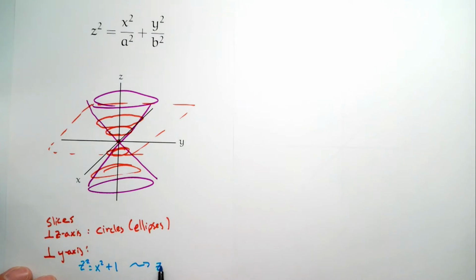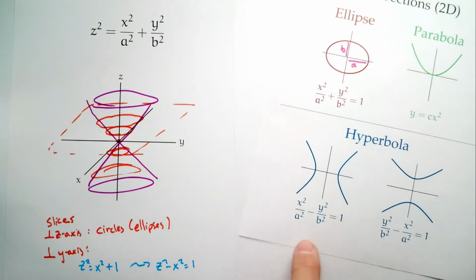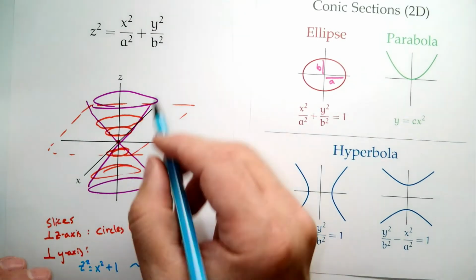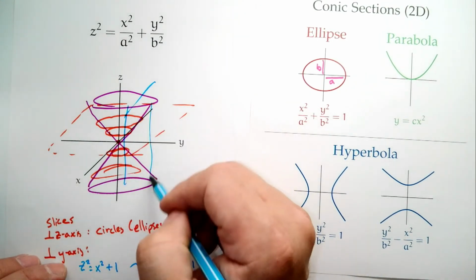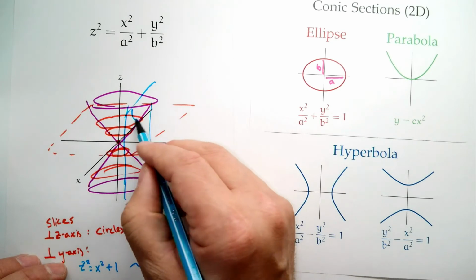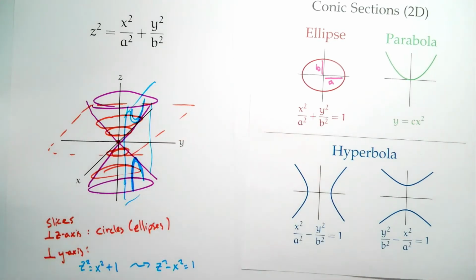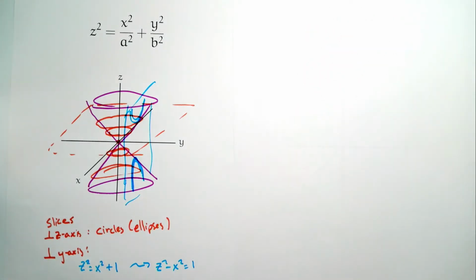This could also be written as z squared minus x squared equals 1. What do I see? Yeah. So whenever I see a difference of squares, that's a hyperbola. And if you think about what's happening when we take this cross section, we see a hyperbola in this cone. All right. So z squared equals x squared plus y squared, that's a cone.